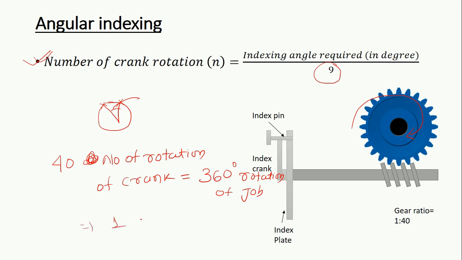That means 360 by 40. In one complete rotation of your crank, your workpiece is going to move 9 degrees. Such a way we can calculate.